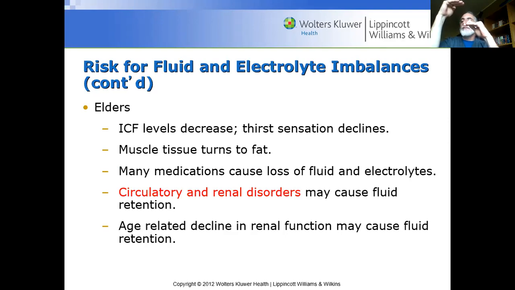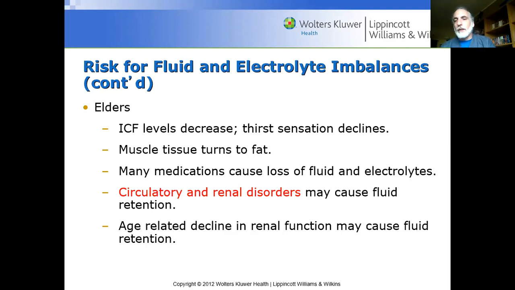I still have an electrolyte disturbance, but it is an increase in the electrolyte disturbance. Okay, you're going to see this in some funky NCLEX test questions. So think about, if something can cause an increase in the electrolyte disturbance, right? Be looking for that in test questions. Circulatory and renal disorders can not only cause a fluid or electrolyte disturbance, but the treatments may increase that disturbance.